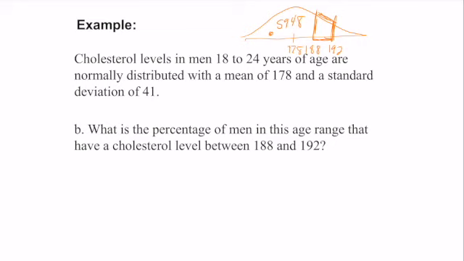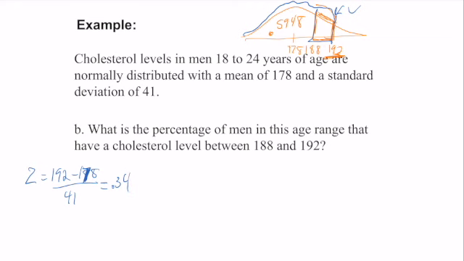So if I go ahead and find the z-score of 192, which would be all of this, and I subtract 0.5948, I will find the area in here. So the z-score is 192 minus 178 divided by 41, which is 0.34.